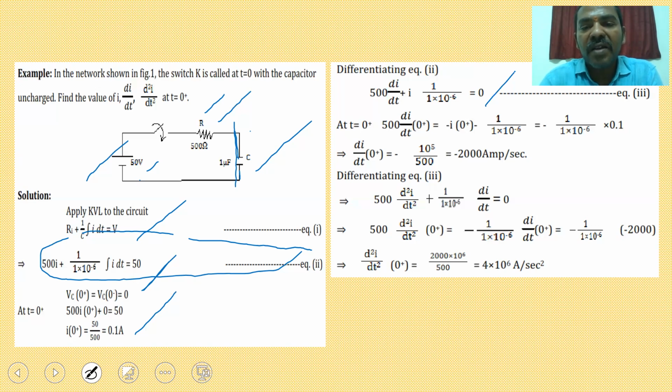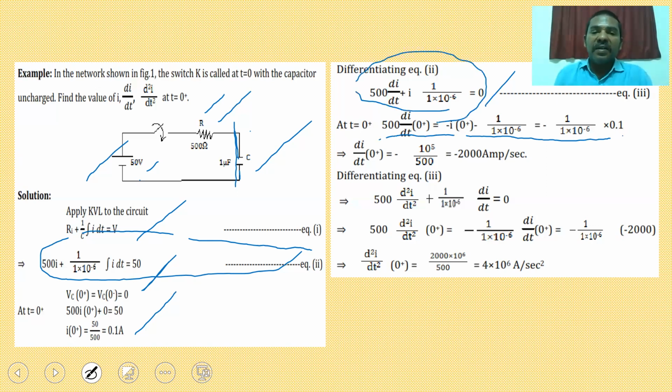So this is the value we are getting at t equal to 0 plus by substituting in this equation. Therefore di/dt at 0 plus condition is equal to minus 10^5/500. So you can get minus 2000 amperes per second.